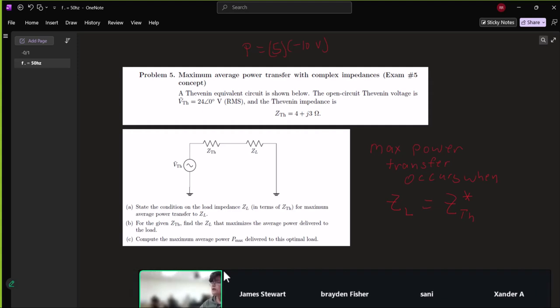So in this instance, the load that would give us maximum power transfer would be 4 minus j3 ohms.